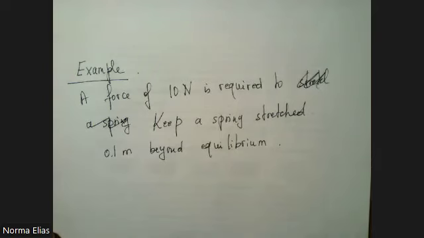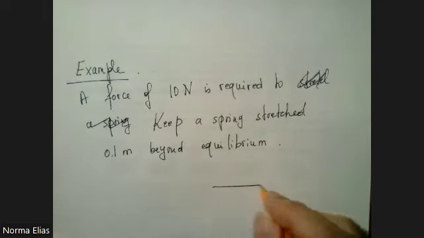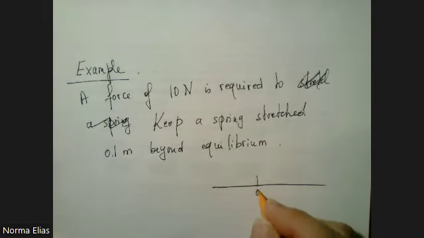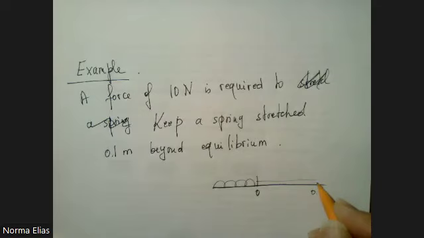So in my mind, I'm thinking of the following. This is my spring, that's the equilibrium position. We take it and we stretch it 0.1. We hold it here. To be able to hold it and keep it stretched that much, you need 10 Newton. That's what's given to us.